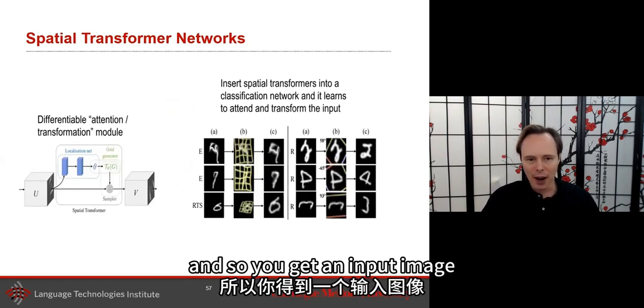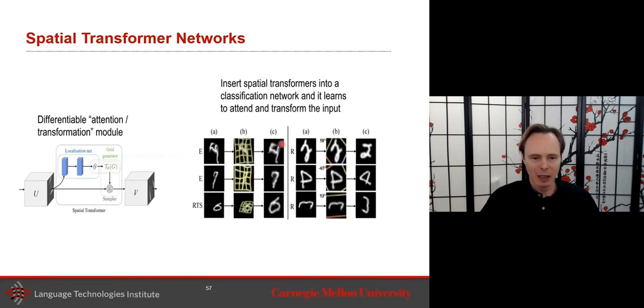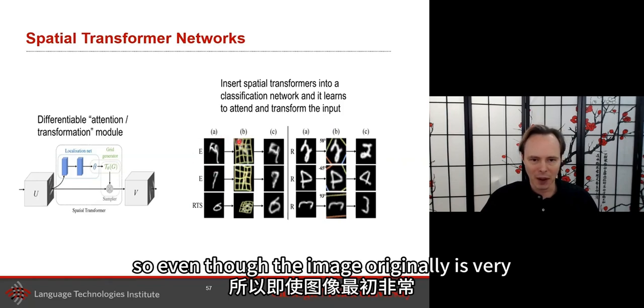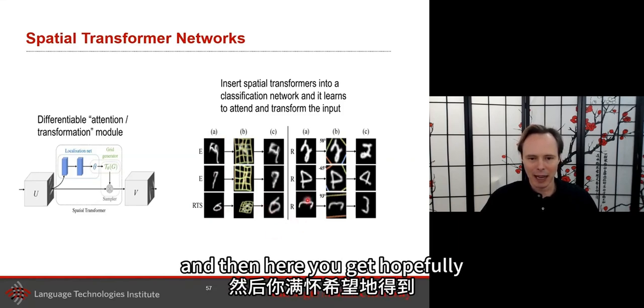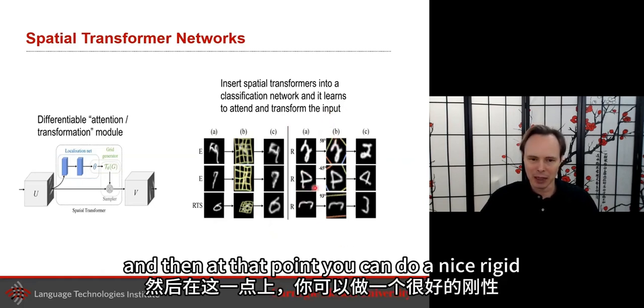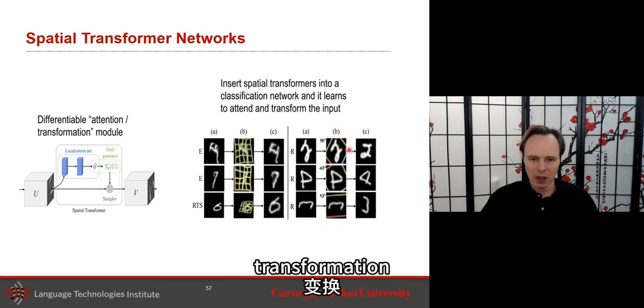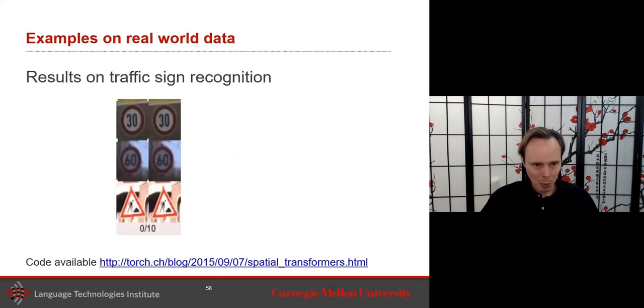And so you get an input image, and then you get the warping, which is the output. Even though the image originally is very warped, or you could say more warped, hopefully you get, and this is a lot clearer when the object is rotated, a nice rigid transformation to take that rotated object and bring it back.